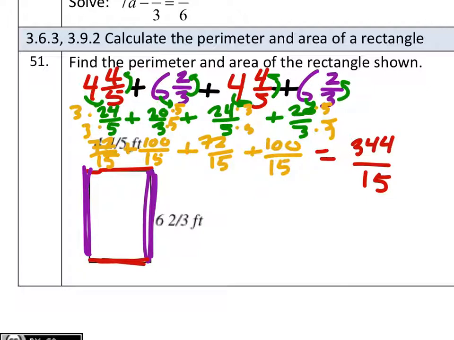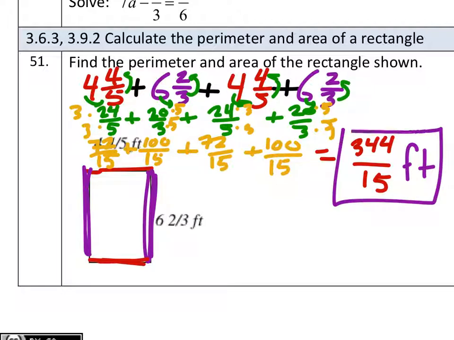Now I'm okay, personally, leaving it like that and saying, well, I got 344 fifteenths in feet. Of course, some of us feel uncomfortable leaving these as improper fractions, and that's okay. We can change this into a mixed number by taking 344 and dividing it by 15. 15 doesn't go into 3, but it will go into 34 twice.